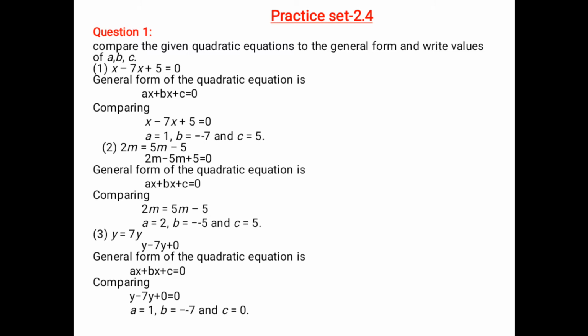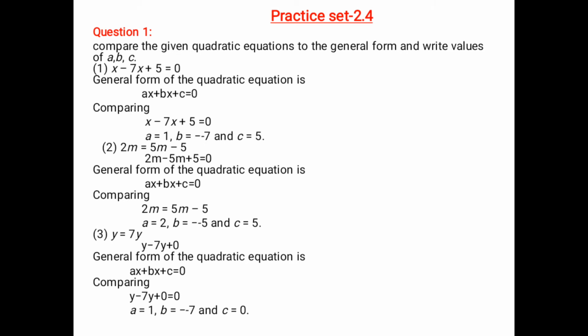Compare: the x square coefficient is a, the x coefficient is b, and the constant is c. Therefore a is equal to 1, b is equal to minus 7 and c is equal to 5.